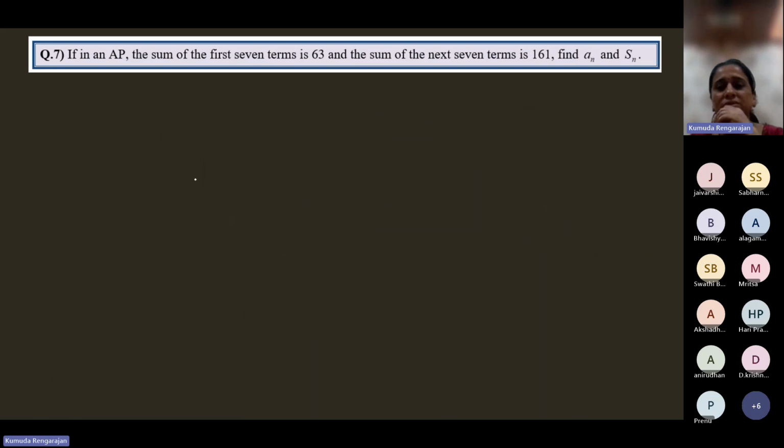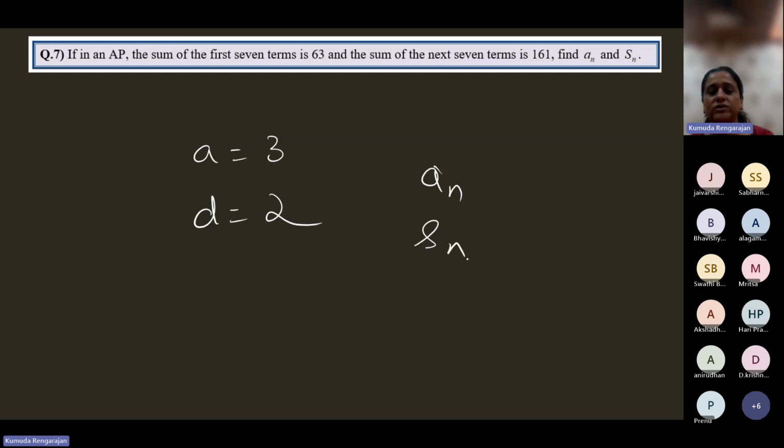Now tell me the values of A and D you've got, children. A is 3 and D is 2, ma'am. 3 and 2. Have you found AN and SN, Swati? Ma'am, I used the first method, where you get N by 2. Okay, what's the expression for AN? 2a plus 20d equals 46.